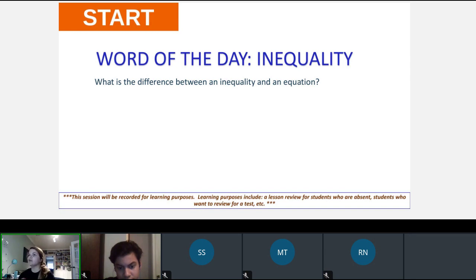Today's word of the day is inequality. Does anybody know the difference between an inequality and an equation? You can go ahead and type it in the chat what you think the difference might be.